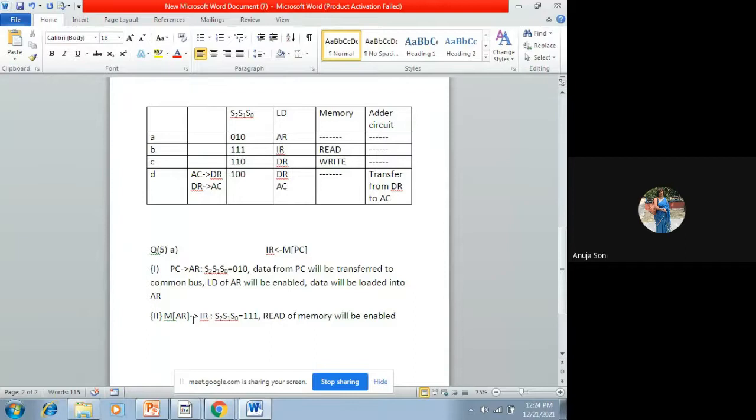Read signal of memory will be enabled, and data will be transferred to the common bus, and from the common bus, as and when the load of IR is enabled, the data will be loaded into the IR register.